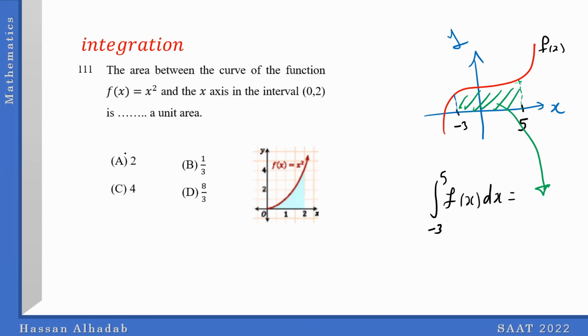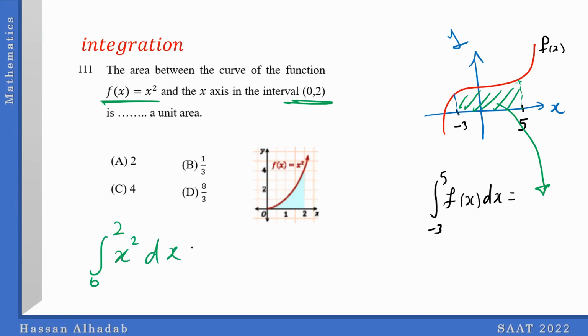Good. So the question here was the area between the curve and the function f of x in the interval from 0 to 2. This is nothing but the integration from 0 to 2 of x squared dx.